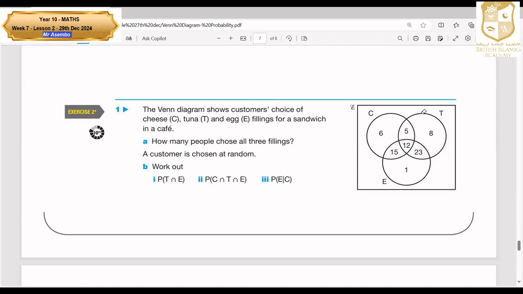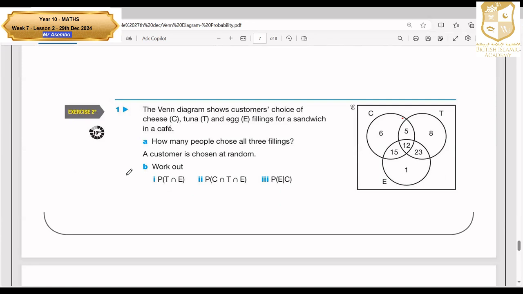They were selecting which one to fill in the sandwich. So we have those who picked cheese, those who picked tuna, that's the fish, and then those who picked eggs, represented by E. Now we're told how many customers were in that cafe during that duration, so we add all of them: 6 plus 5 plus 12 plus 15 plus 1 plus 23 plus 8, which becomes our sample space or the universal set.